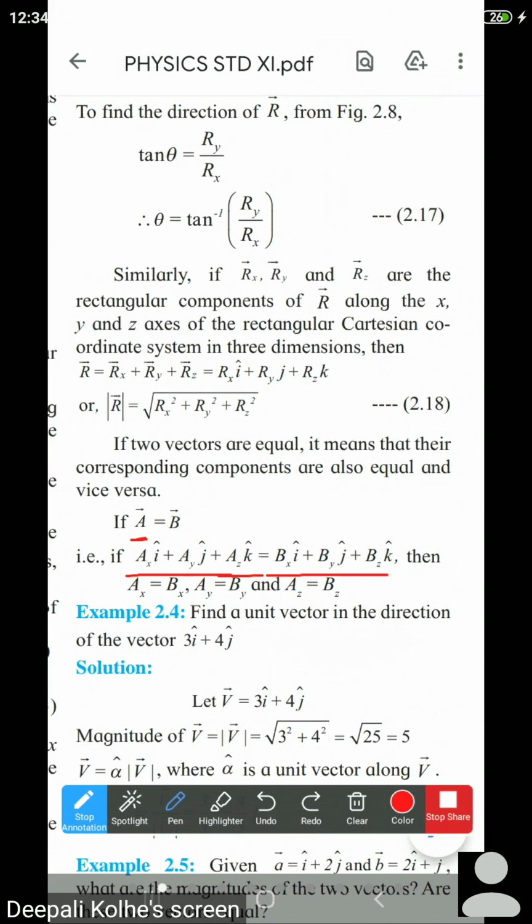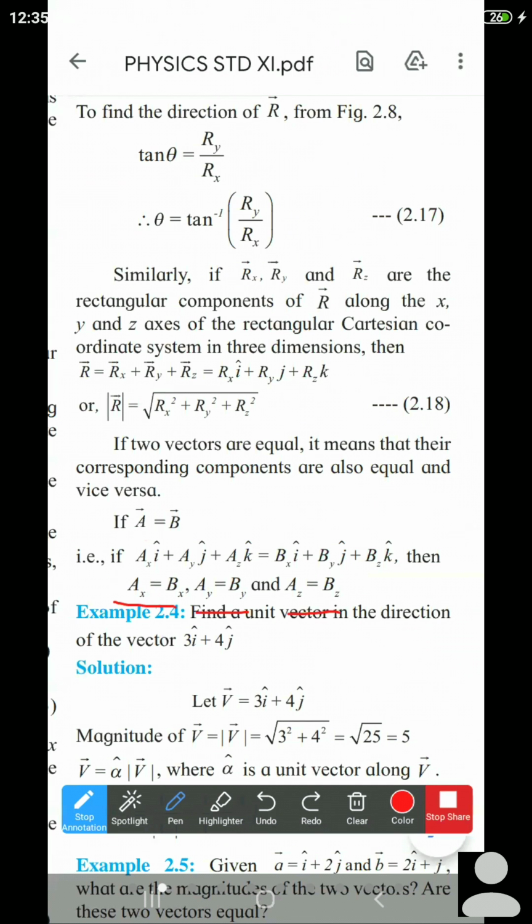Okay, if we compare this equation on both sides, means if we compare the coefficient of i cap, coefficient of j cap and coefficient of k cap, then we will get ax is equal to bx, ay is equal to by and az is equal to bz. These are the equal vectors.